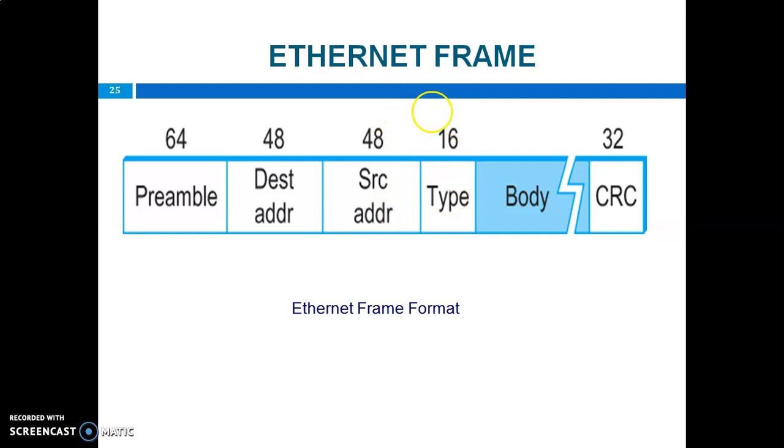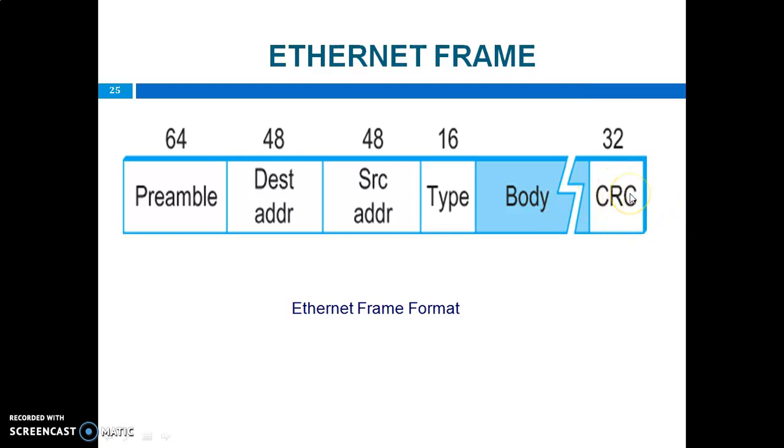This is the frame format for Ethernet, right? The first part is the preamble, and the next divisions are the destination address, the source address and the type. This is the body of the message, and finally the CRC, cyclic redundancy check.